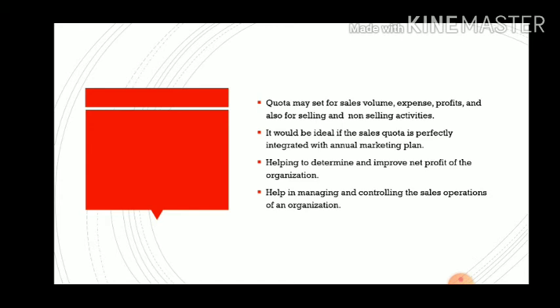So based on the estimation of the sales, this net profit is fixed, and this net profit can again be specified for different regions, different quarters, different districts, branch wise. It is possible. So it gives you a clear understanding to determine what profit you can expect from each and every marketing unit that is working closely with the organization.